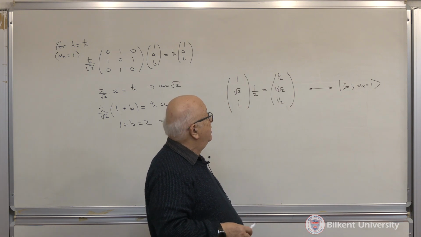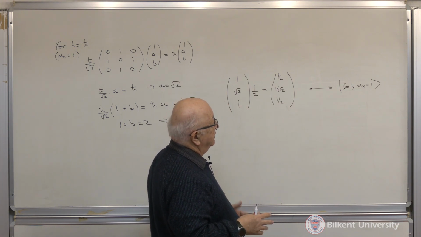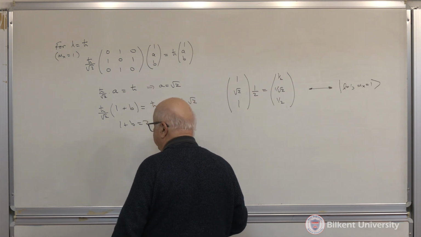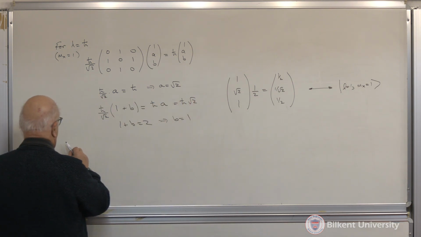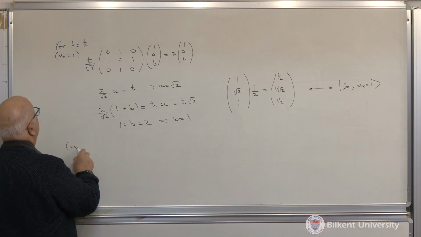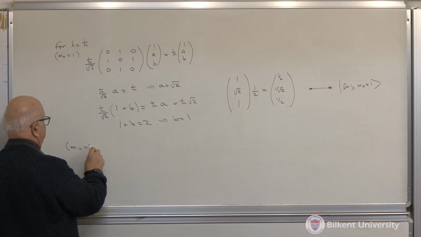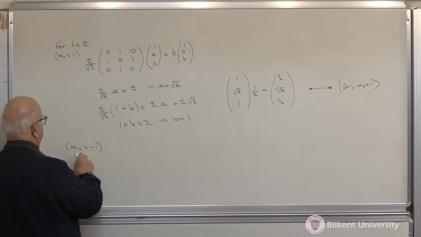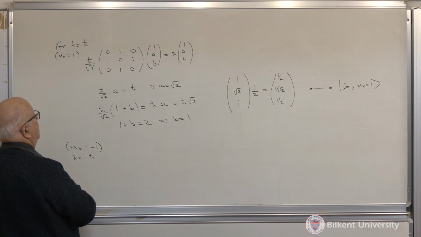So z is something that we take as default. All right, so let's just finish this. So what happens when I have mx equal to minus 1, which means lambda is equal to minus h bar.